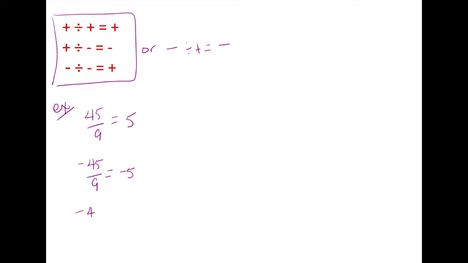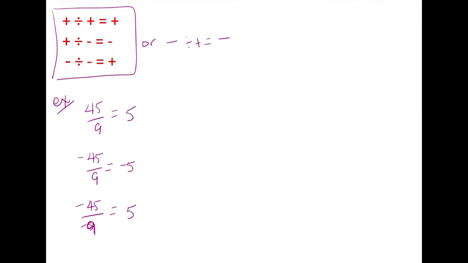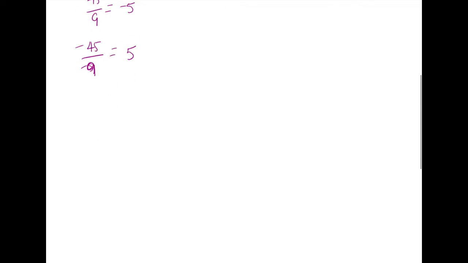And then a negative divided by a negative is positive. Okay, like I said, we did a lot of these examples yesterday, so I'm just going to let that one go and move on to the next, evaluating expressions again.